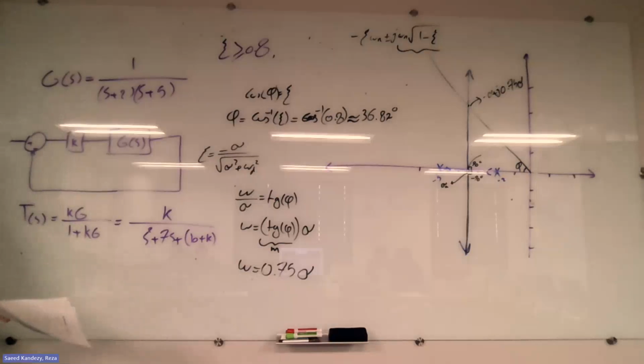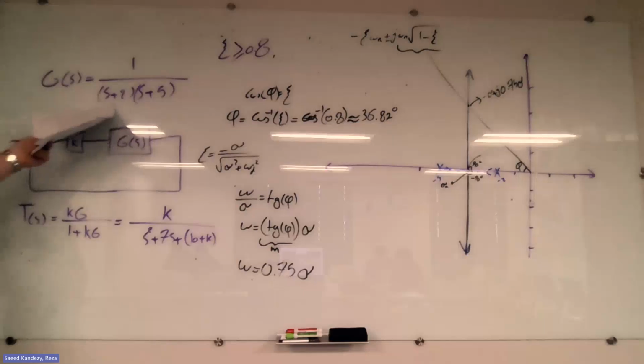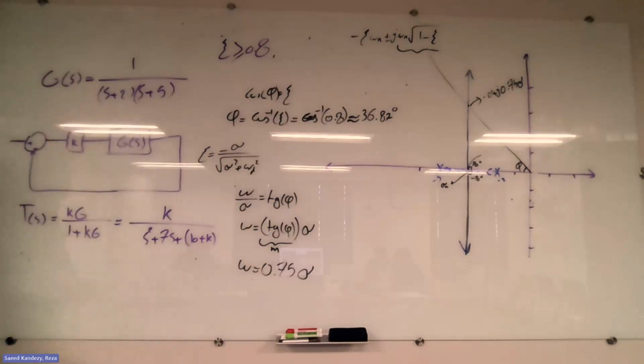This is one of the poles, right? We are going to put that in the denominator of our function, and that should make the denominator equal to 0 because it's a pole for a specific k. Are we good?